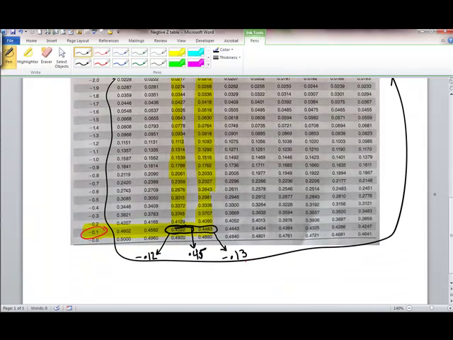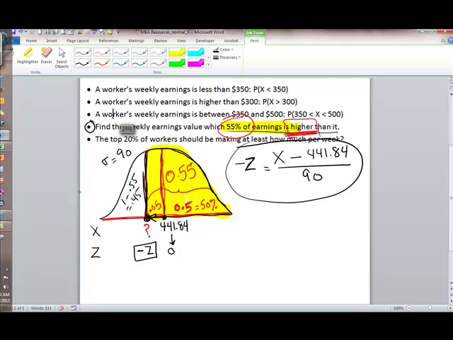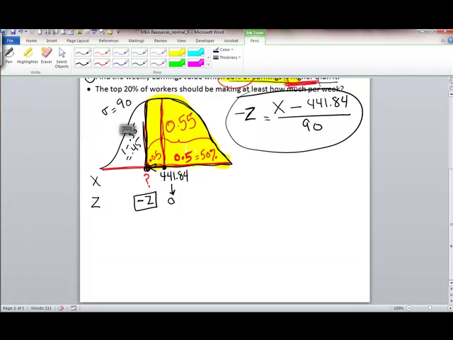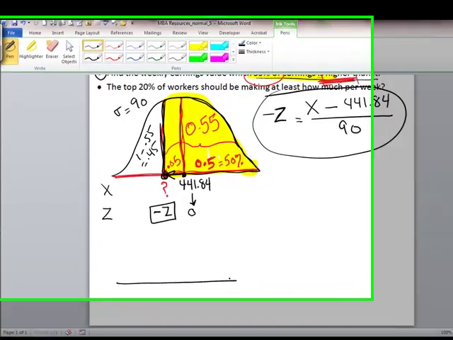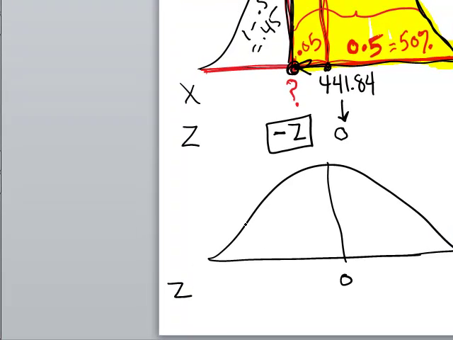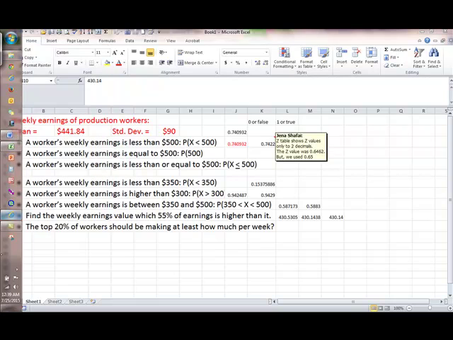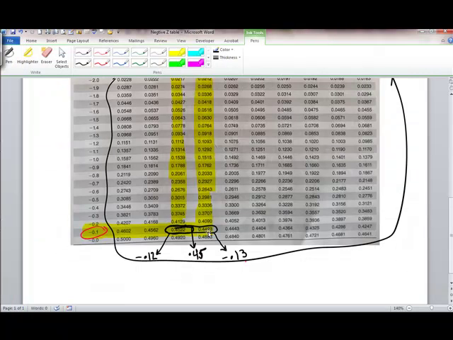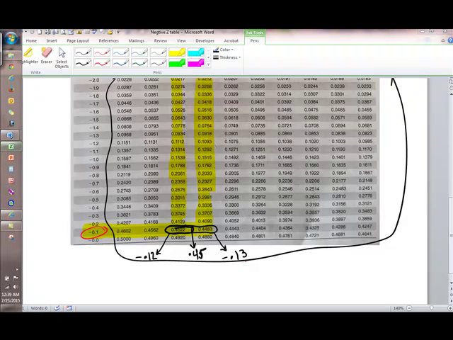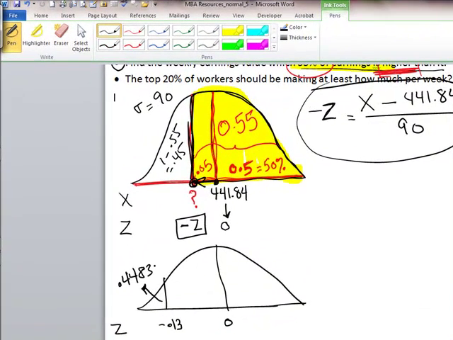I'm going to make a mental note of that 0.4483, and when I come to my original sheet, I will say that on the z-axis, the negative 0.13 has 0.4483 associated with it.